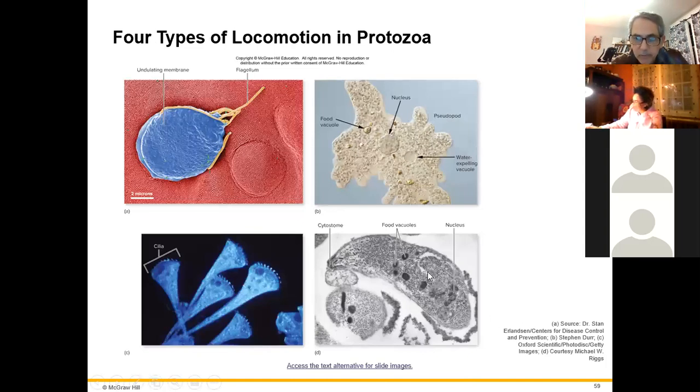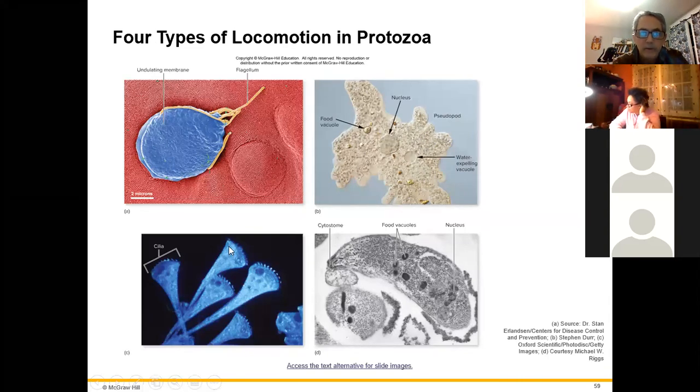I don't see a description of this one. It's a sporozoan that has no specialized locomotion organelles. So it would actually be non-motile. In other words, it can't move. This has pseudopods, the cilia, and this one has the flagella, and this would be a non-motile organism.